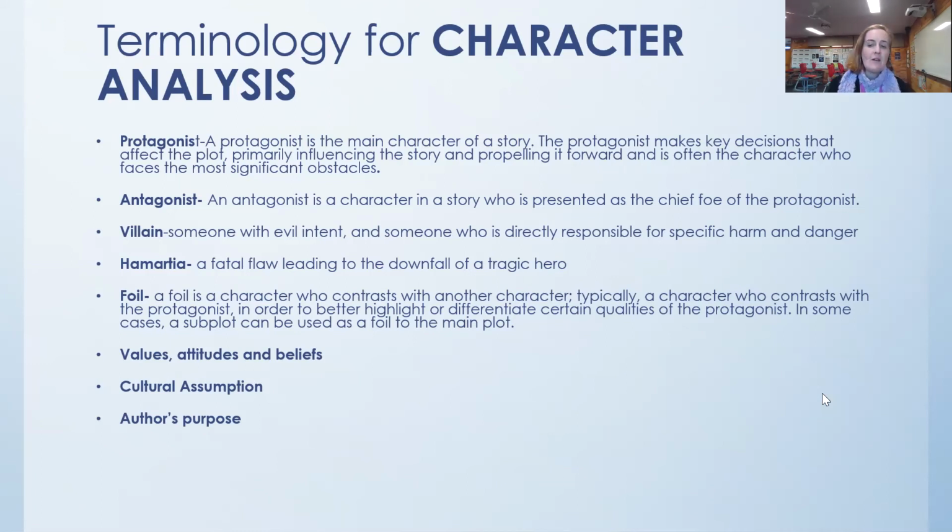So I mentioned that characterization is that focus on the deliberate choices made by the author to achieve these outcomes. So when we look at values, attitudes, and beliefs, what we're seeing in characterization is Shakespeare deliberately manipulating the values, attitudes, and beliefs that dominate his life and presenting them in human form in his plays.